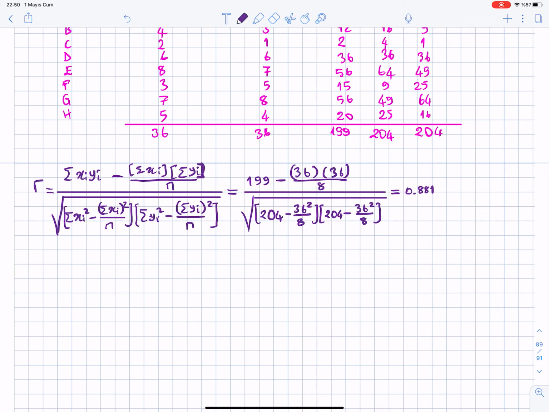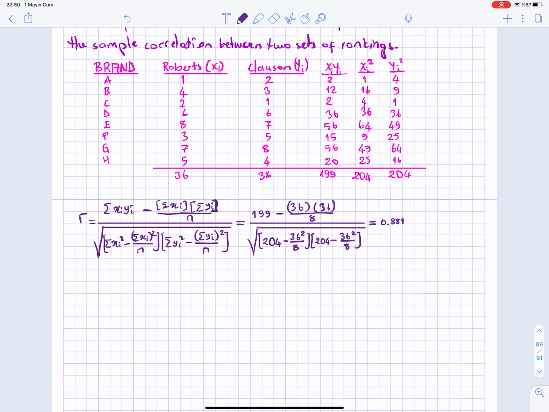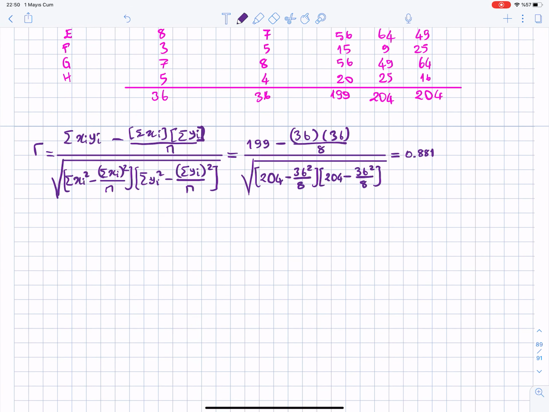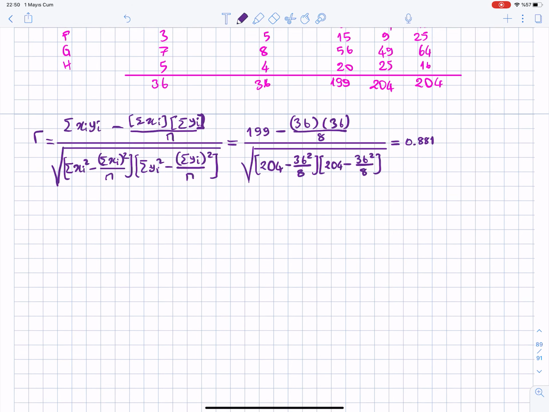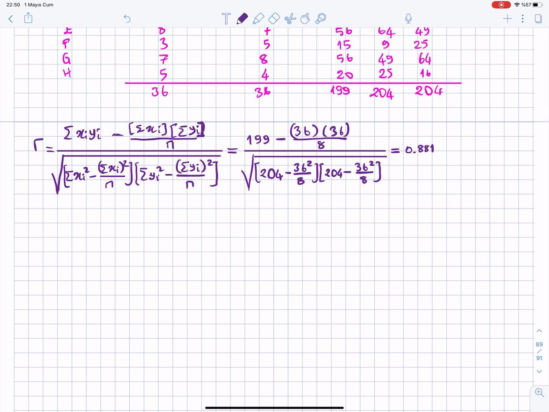But the data set is not continuous, it's ranking. You may ask what the point is of using the same formula. The point is, if there are no ties in the rankings, you may use another formula which is much easier for the calculation.